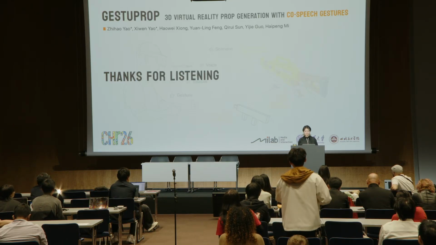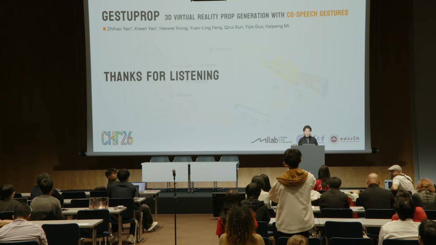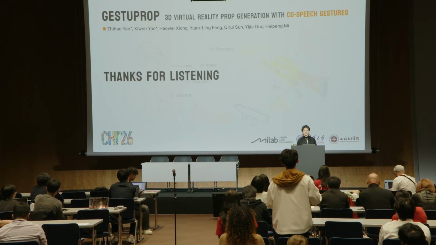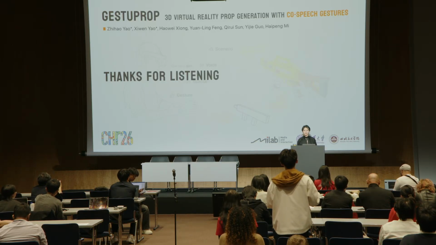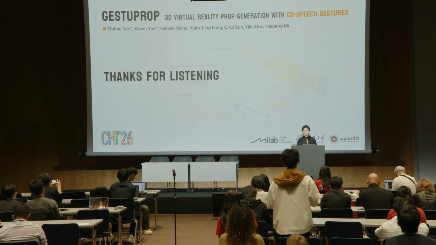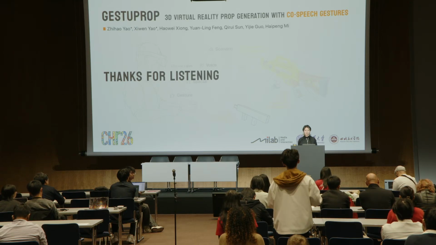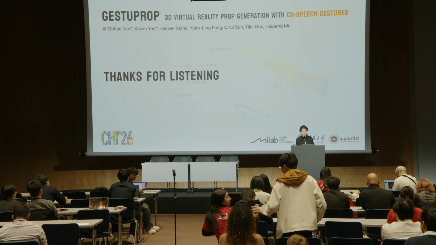So my question is, how is the 3D model aligned with the proxy, and the proxy aligned with the user's hand? Yes, the proxy model will fix the size in the hand, and the final model will directly fit the size of the proxy model. Okay, thank you.